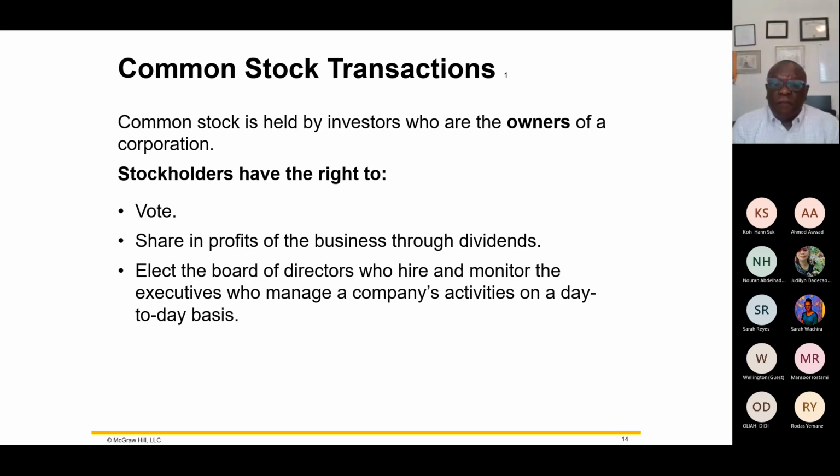But if they declare cash dividends of 10,000 and only 3,000 was paid, the increase will be 5,000 plus 7,000. That would be 12,000.